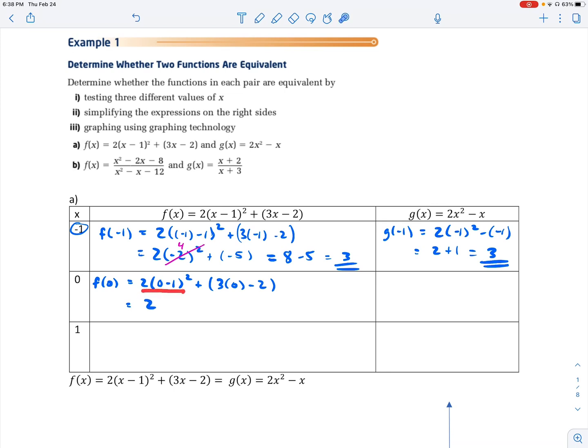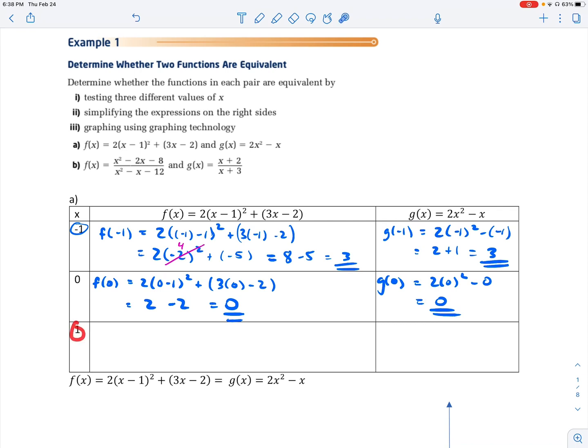So this first part is just 2. 3 times 0 is 0, and I'm left with just -2. 2 minus 2 is 0. Let's try g of x. G of 0 is going to equal 2 times 0 squared, so that's all going to go to 0. Then we got minus 0. Well, that's just a big 0 for that one. So those are the same.